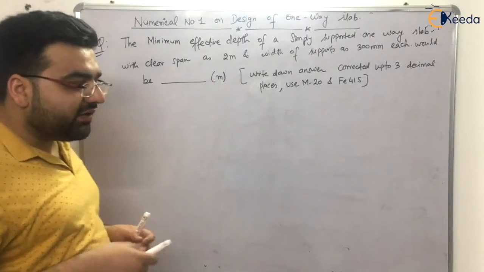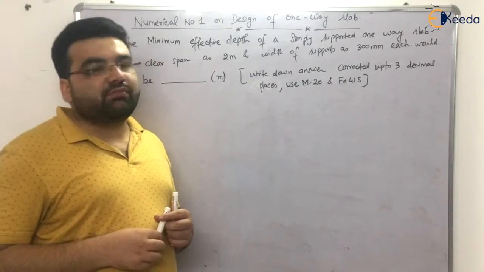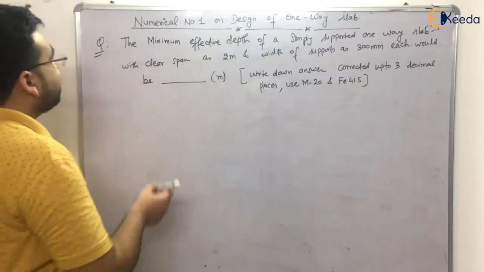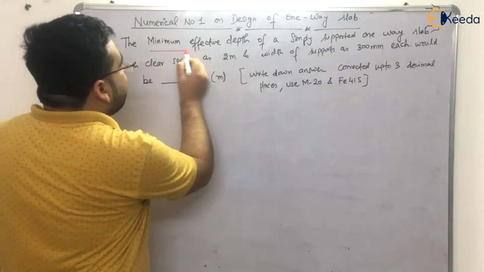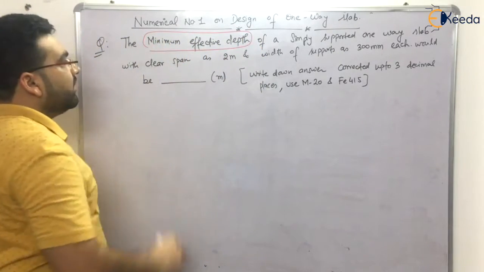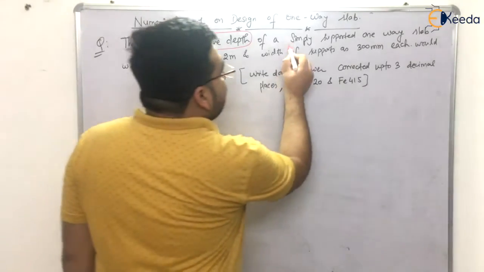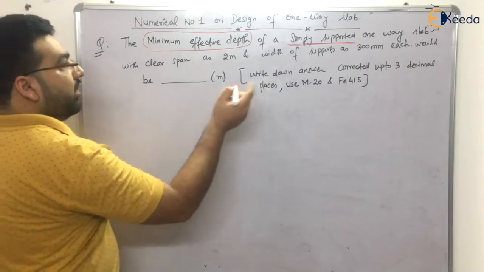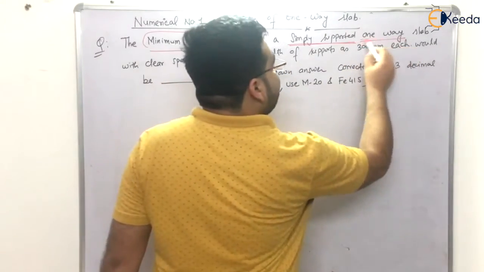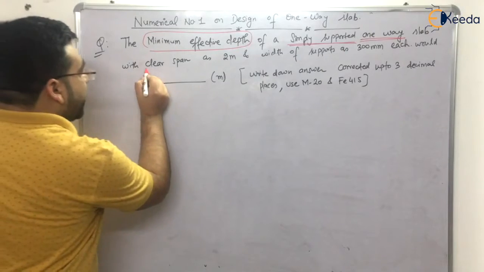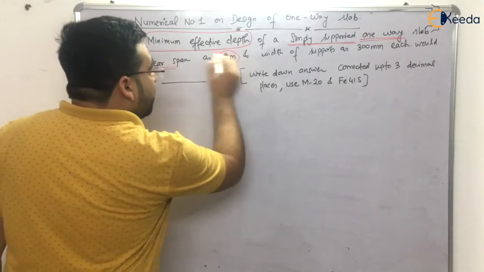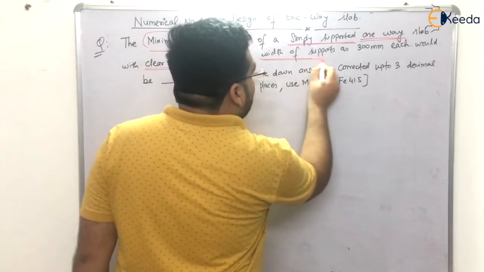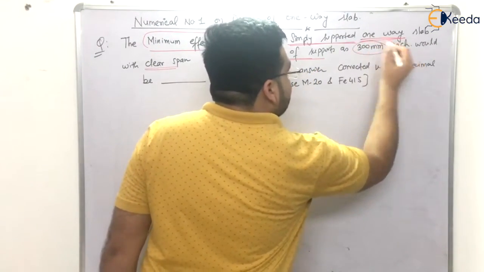But first of all, before solving the numerical, I want to tell you one important thing. If it is a simply supported slab, first let us read the numerical. It says: the minimum effective depth of a simply supported one-way slab, with a clear span of 2 meters and width of supports as 300 mm each.